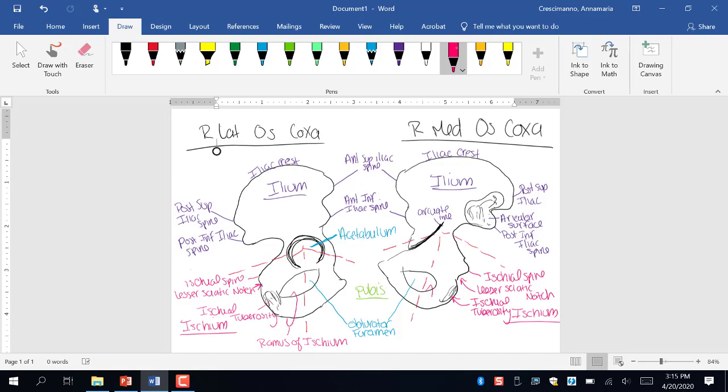And then here, the ramus of the ischium. Okay, again, you can stop and go to some labeling exercises to practice on the ischium. And when you're done with that, come back and we can go over the pubis.